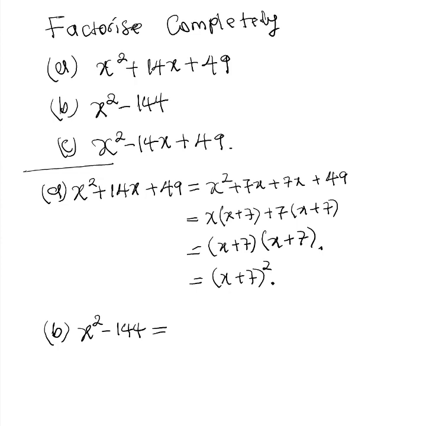Okay, so we could write this as x squared minus 12 squared. Okay, and this is in the standard form that we know for the difference of two squares, and we do not need to do anything. All we need to write is x minus 12 multiplied by x plus 12, right?